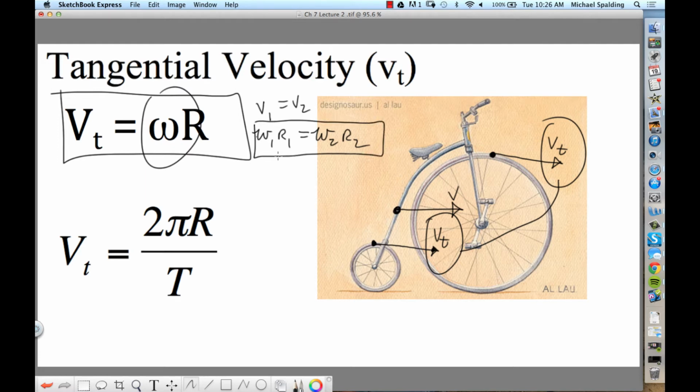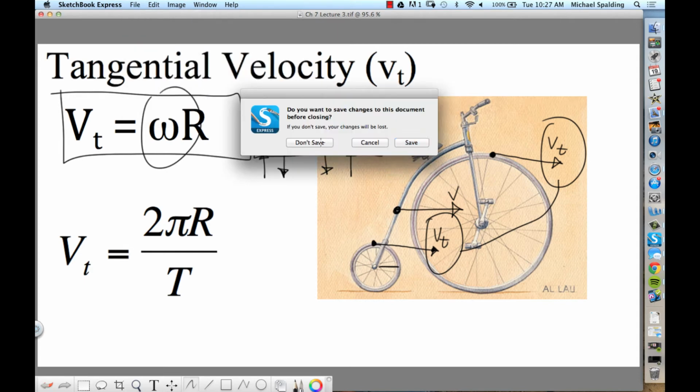So look, the small wheel has a small radius. I'm going to put an arrow pointing down, meaning the radius is small, which means what has to be true for the angular velocity? Has to be big. And then for the big wheel, the radius is big, but the angular velocity is small. Okay? All right, moving on.